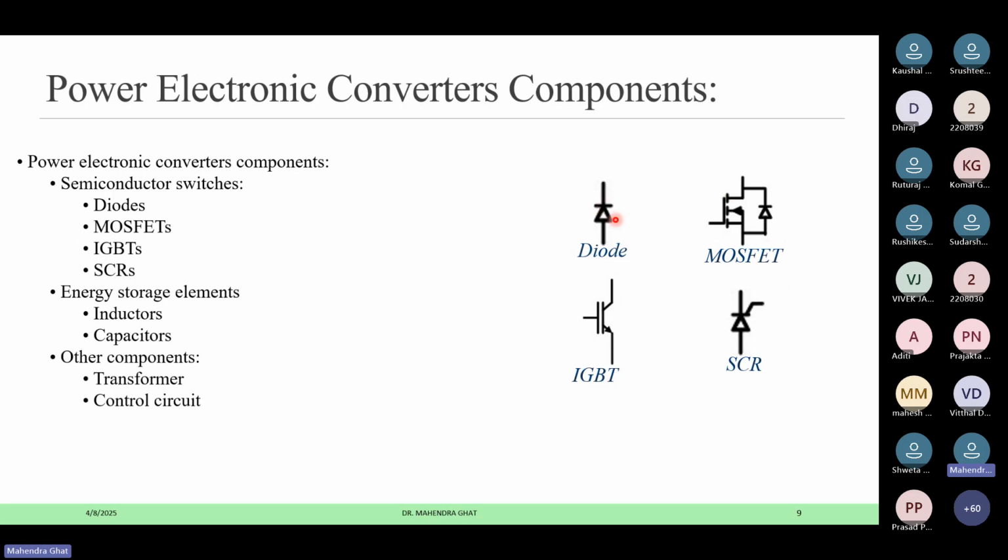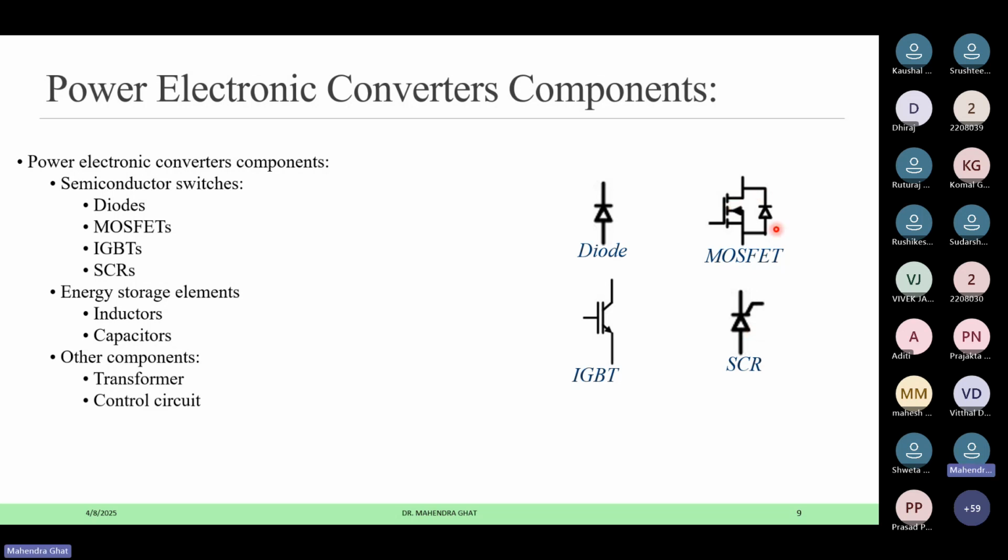Again, these differ from an operation point of view. They have different operating ranges. A diode doesn't have any control. Whenever there is a forward bias, it starts conducting, and whenever it goes into reverse bias, it stops conducting. Similarly, the SCR conducts only when it is in forward bias and the gate pulse is applied.